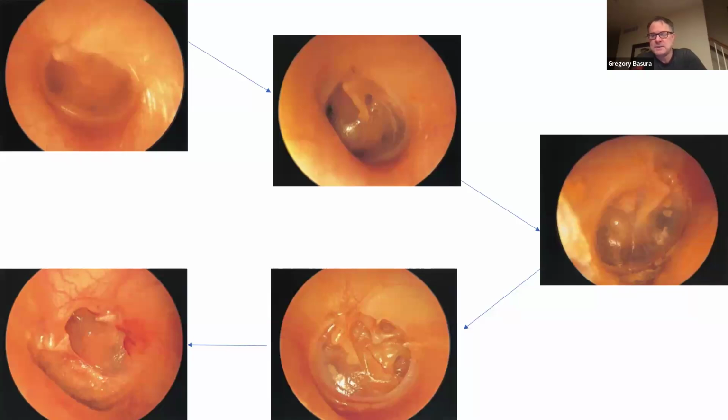But what you guys have probably seen in the clinic, what many times happens over chronic negative pressures, or whatever the process is, we think it's chronic negative pressure, the drum gets really thinned. It gets very atelectatic. And if you've ever tried to do this in an adult, where you make an incision in the drum and the whole thing is just paper thin.